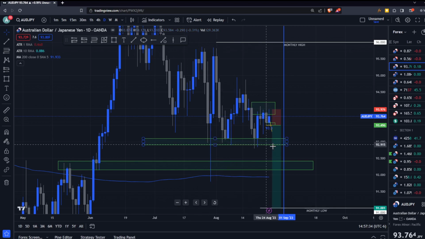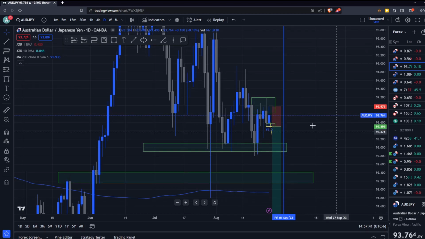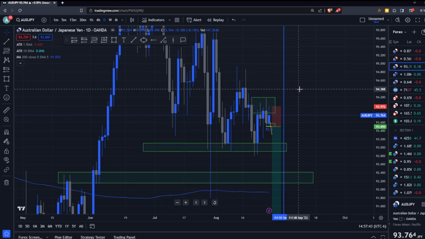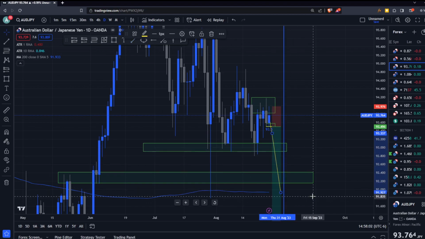You can see it's rejected many times, but once price blows through this area, it's going to trigger a lot of stops, and what's going to happen is price will come down here slowly, and then once it hits this area and goes past these wicks where people have stops, and where most people would buy this, if it blows through this, they can't buy, and that's where the sellers also come in too. So all of a sudden it goes into this area real slow and then fast. So might see that happening.